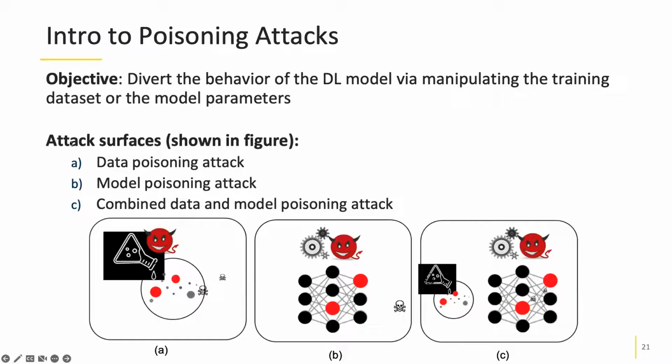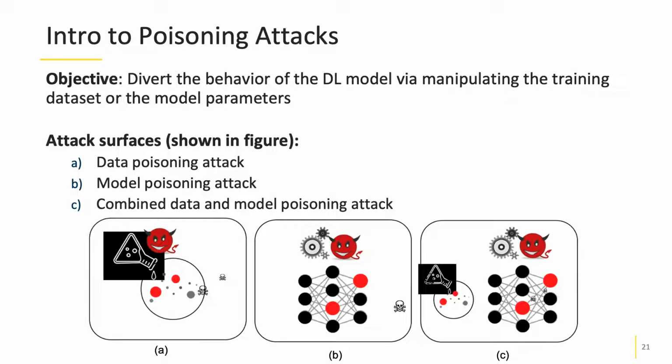Here we show a brief taxonomy of mechanisms to achieve poisoning attacks. The leftmost part of the bottom image shows an example of a data poisoning attack. In this type of attack, the adversary will inject incorrectly labeled data samples into the training set.